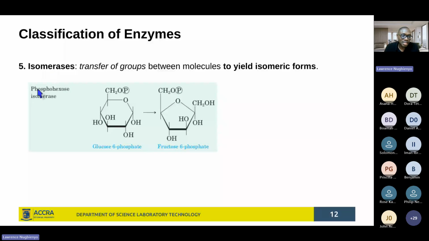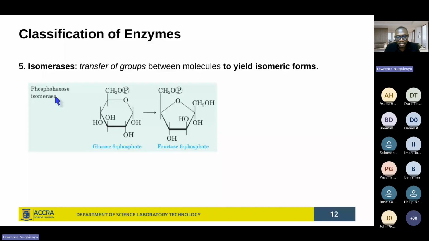So for instance, the example you are seeing is phosphohexose isomerase, which is acting on glucose 6-phosphate. This one too, you have seen it when you were looking at glycolysis in first year. So glucose 6-phosphate is converted to its isomer, fructose 6-phosphate. And the enzyme which is acting in that process is phosphohexose isomerase.